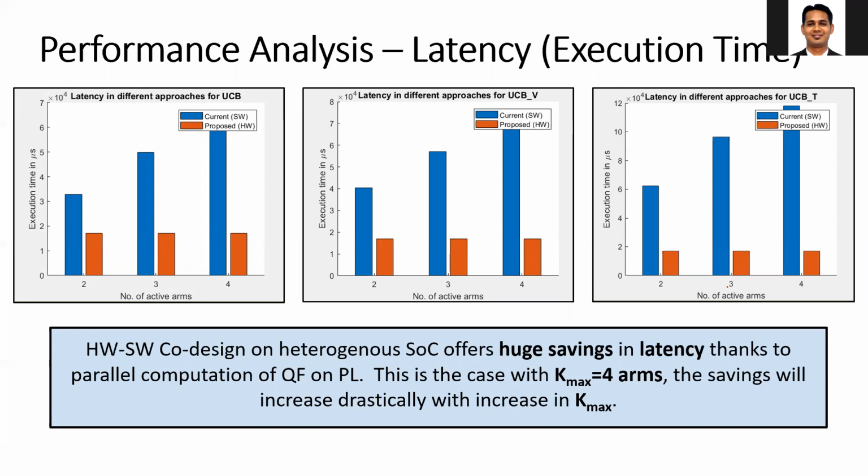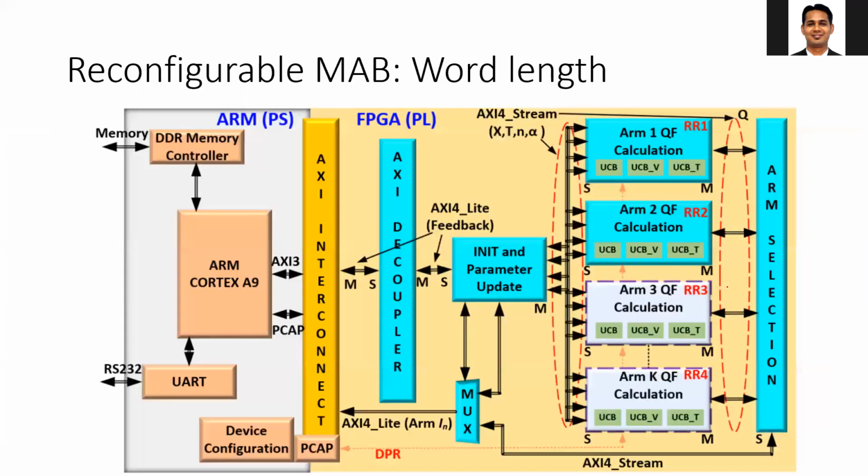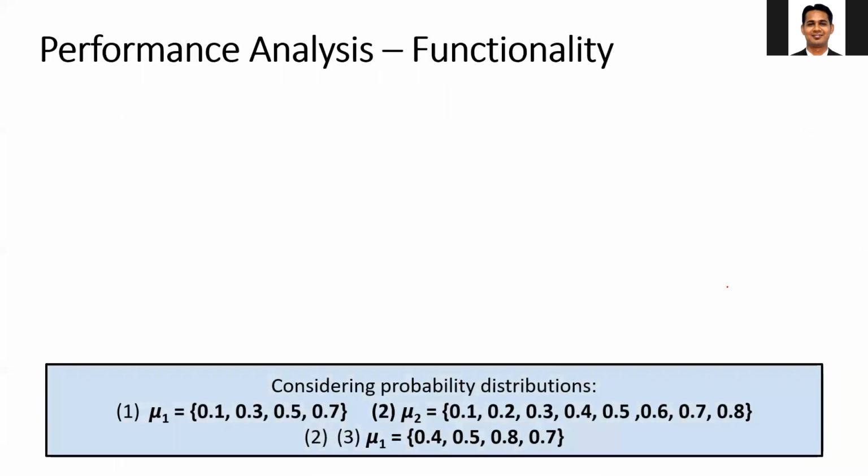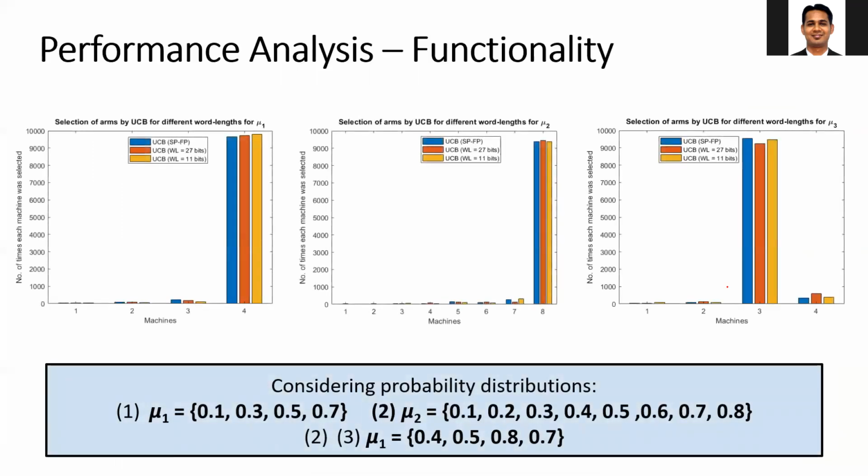Next, you can optimize your word length. Quality factor calculation can be done using floating point, integer, or fixed point. You can come up with an optimized word length so that you can reduce the resource utilization. For example, here I'm showing the functionality for different word lengths. In the first, blue color, I have implemented it using floating point.